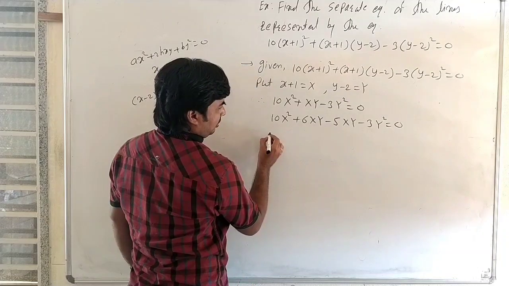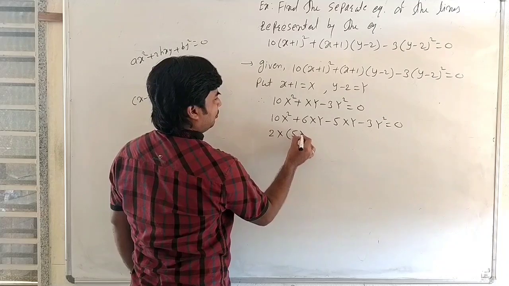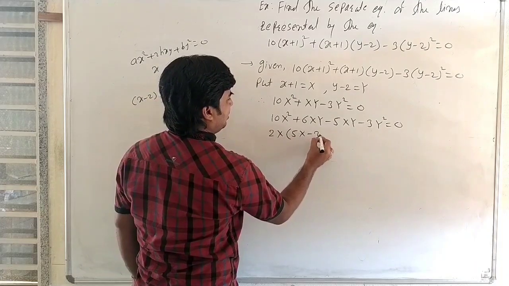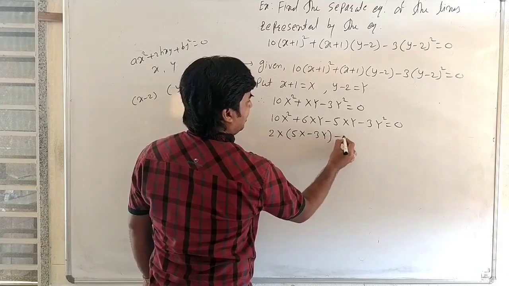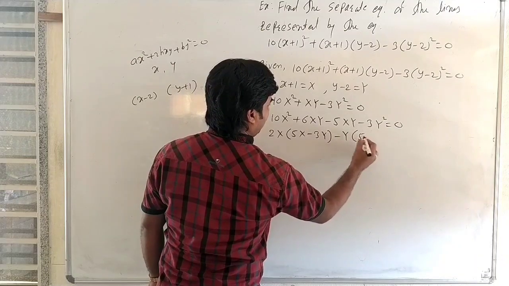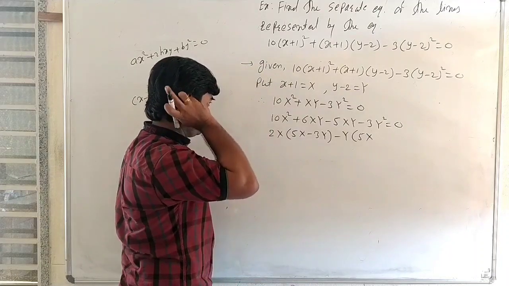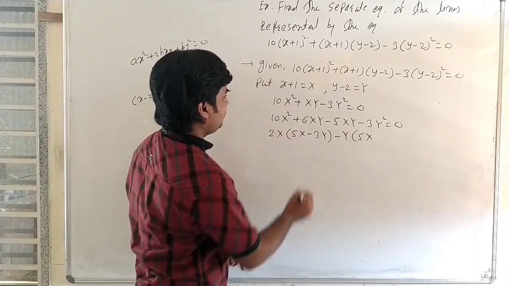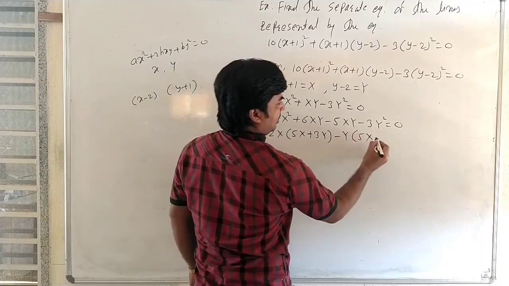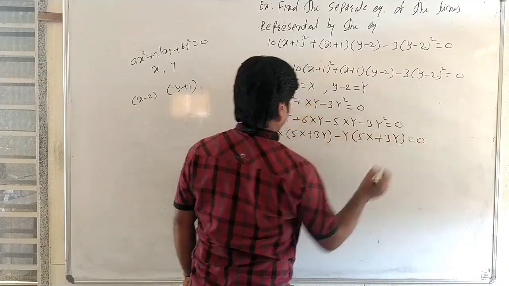Therefore, we get common 2X, then here 5X minus 3Y. Here take Y common, therefore minus Y, and take common 5X. Here it is plus, and it is plus 3Y is equal to 0.